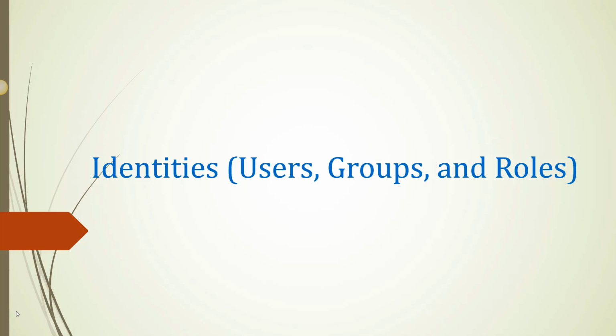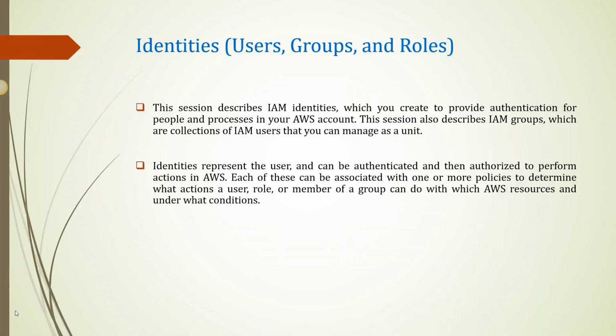Now let's talk about identities: users, groups and roles. This section describes IAM identities which you create to provide authentication for people and processes in your AWS account. This section also describes IAM groups, which are collections of IAM users that you can manage as a unit.